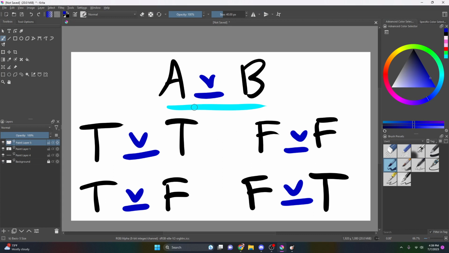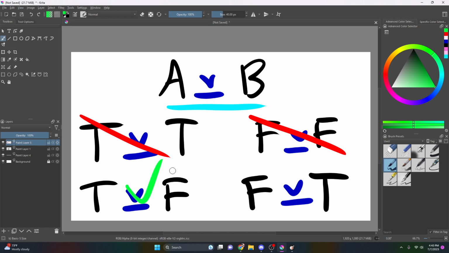In order to only think about it once, we just ignored all the ones that were true XOR true. We just needed to ignore those, and then we needed to find the cells where they're both true, and then where they're both false as well. And then we just only needed to focus on this and this.